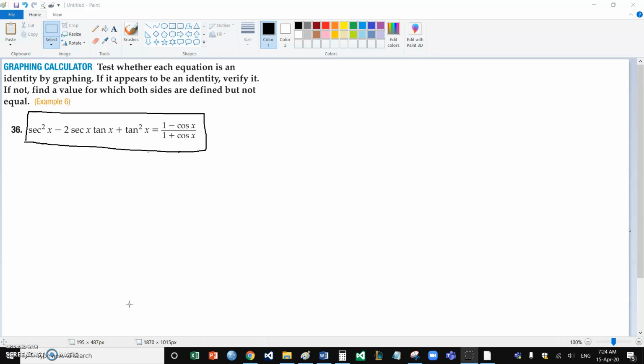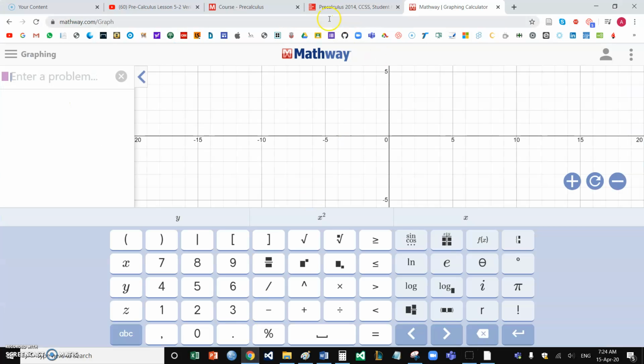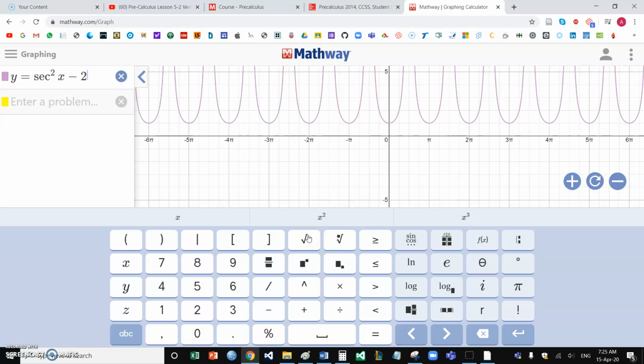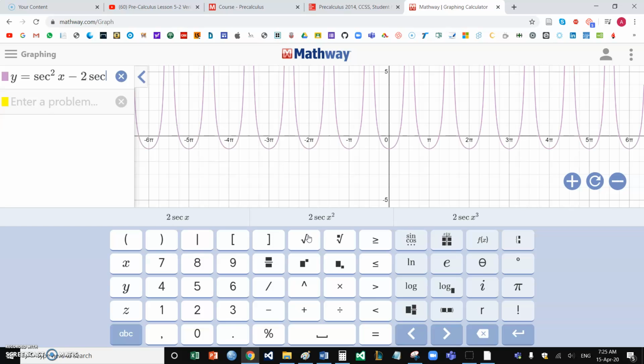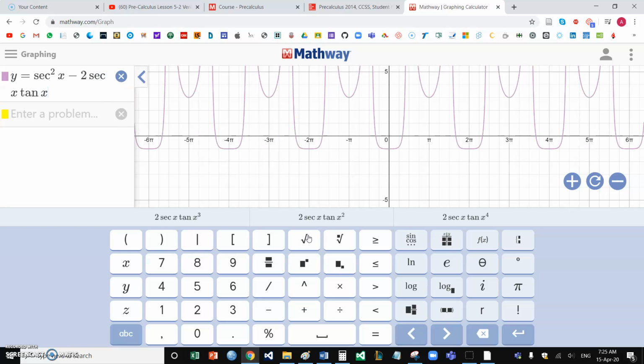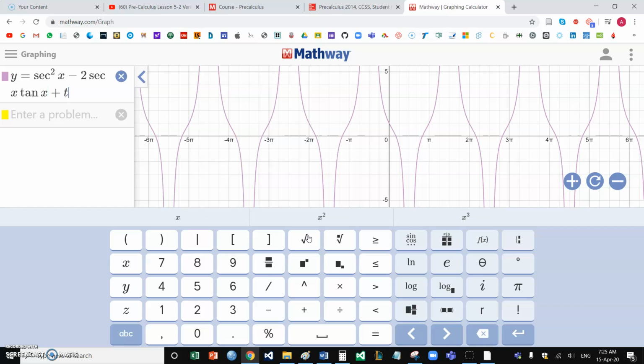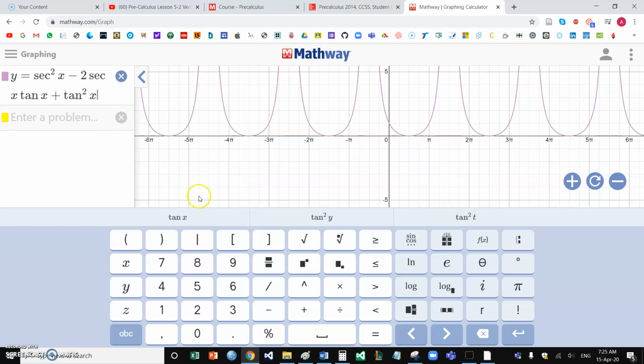Now let's look at another example. Secant square x minus 2 secant x tangent x plus tangent square x equals 1 minus cosine x over 1 plus cosine x. Let's graph both sides of the equation. For the first one, y equals secant square x minus 2 secant x tangent x plus tangent square x.